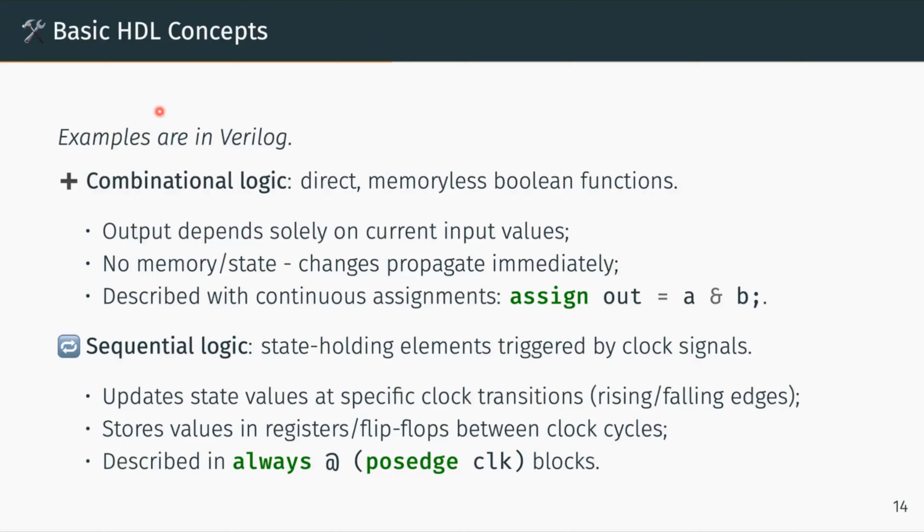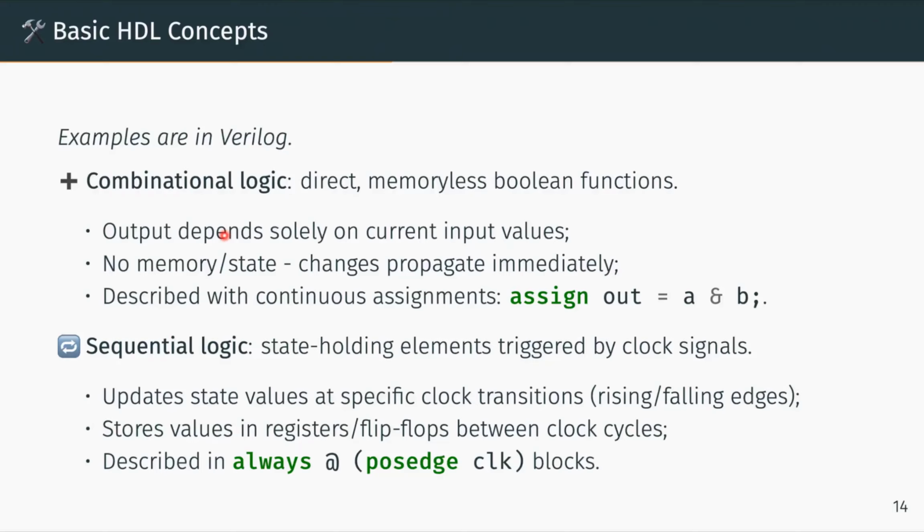Yes, and for HDL code, there are two important kinds of logic here. As I mentioned before, as with a finite state machine, HDL is especially useful to represent such FSMs. So we have combinational logic, which is direct, memoryless Boolean functions.